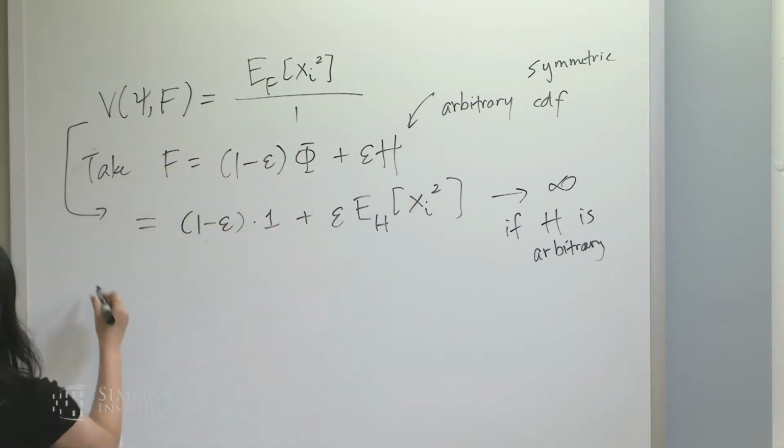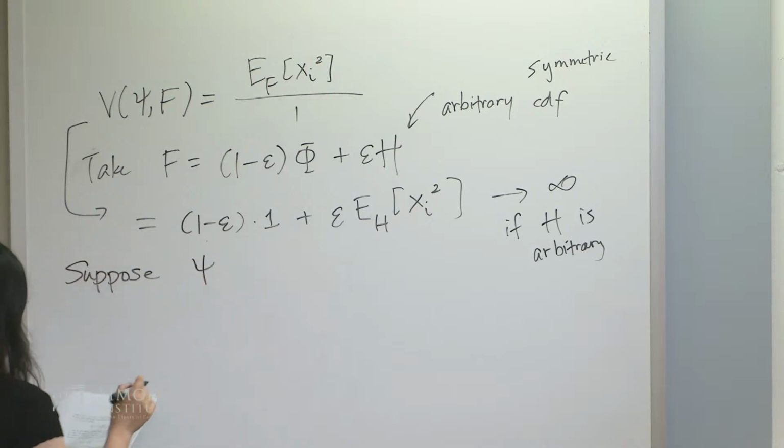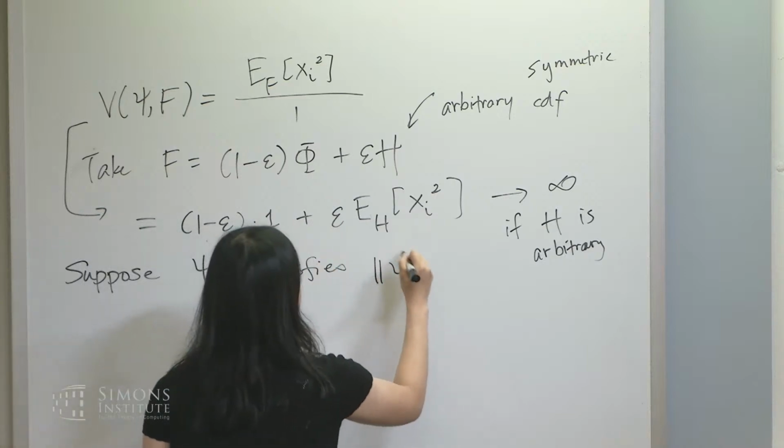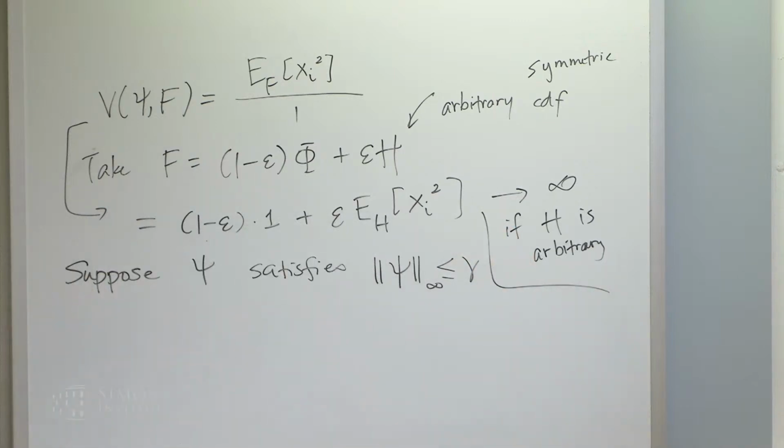Now suppose that psi, which is the derivative of the loss, satisfies the infinity norm bound, so basically psi is a bounded function, bounded by gamma. Going back to this Huber loss, if we look at this was L, if we differentiate it, we end up with this. So it's linear, and then it's constant in the constant parts. That happens at gamma and negative gamma, and the value is gamma.